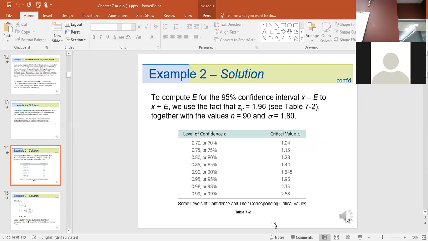So for C equals 0.95, Z alpha over 2 equals 1.96. Then E equals Z alpha over 2 times sigma over square root of n, which is 1.96 times 1.80 divided by square root of 90.